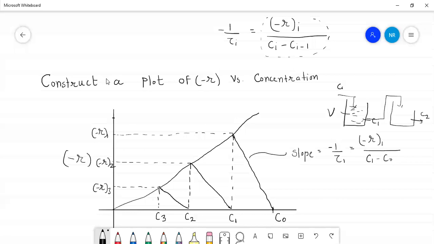Let me show if we have any example. So this is the procedure to find the concentration.